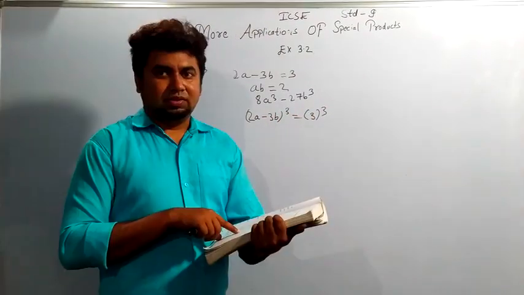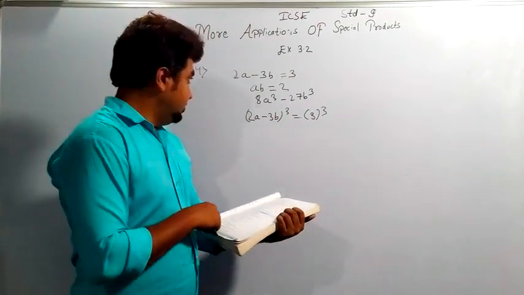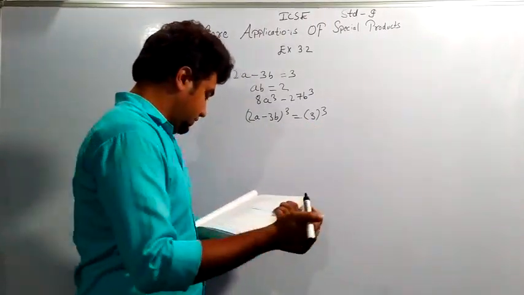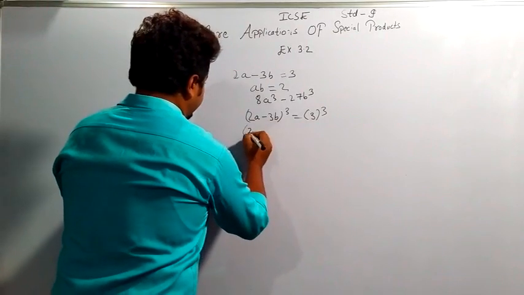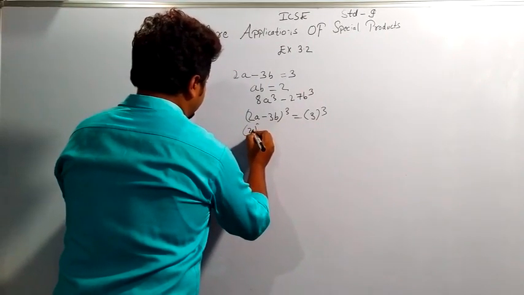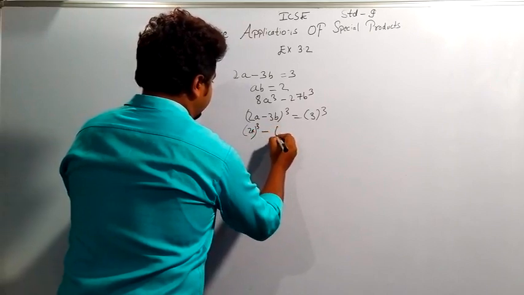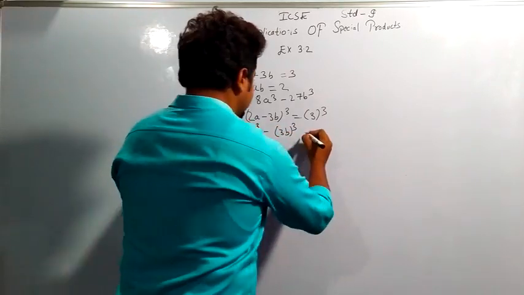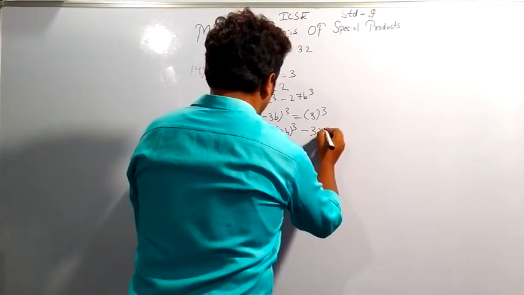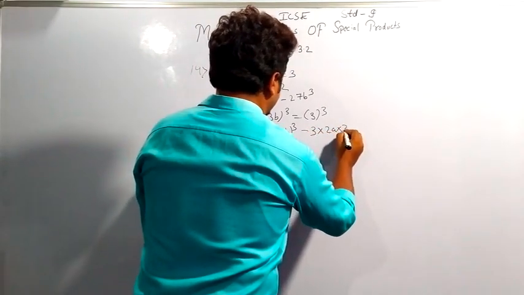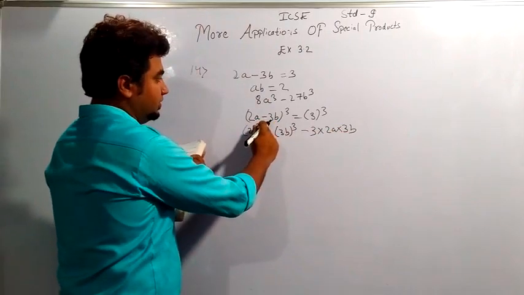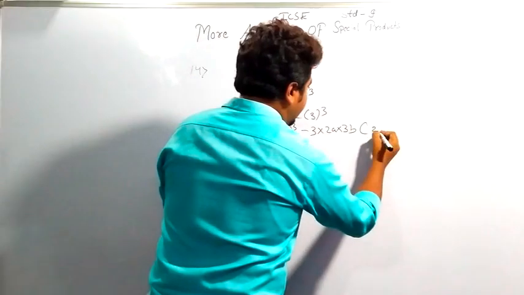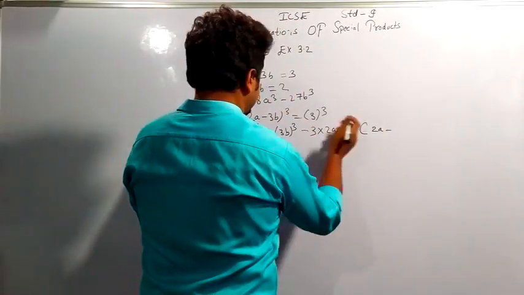Now we have to expand the cube of this: 2a cube minus 3b cube, a cube minus b cube minus 3ab, 3 into 2a into 3b. You don't have to consider the sign here. And then a minus b, where a here is 2a and b here is 3b.